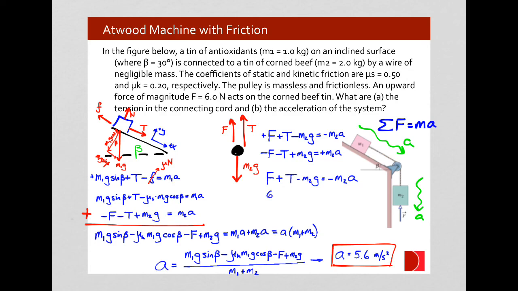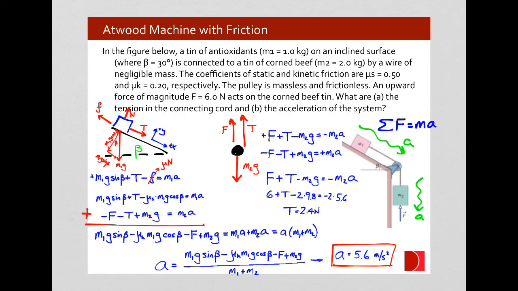Basically, this is saying that 6 plus the tension minus 2 times the gravity is equal to negative 2 times 5.6, and we can solve for that as well. And it turns out here that the tension is equal to 2.4 newtons.